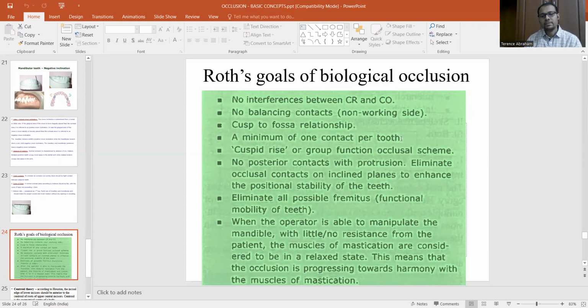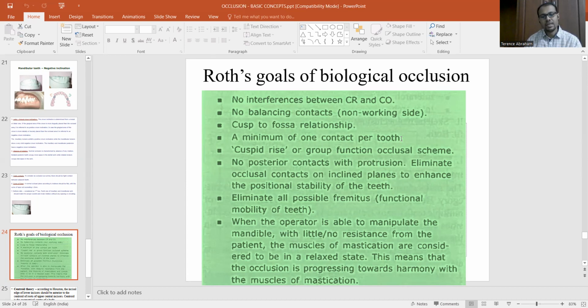When the operator is able to manipulate the mandible with little or no resistance from the patient, the muscles of mastication are considered to be in a relaxed state. This means that the occlusion is progressing towards harmony with the muscles of mastication.